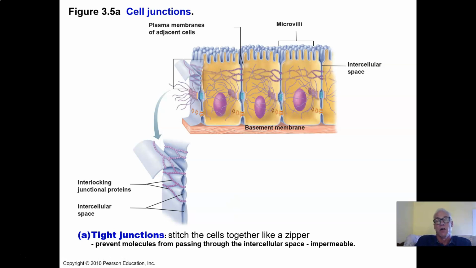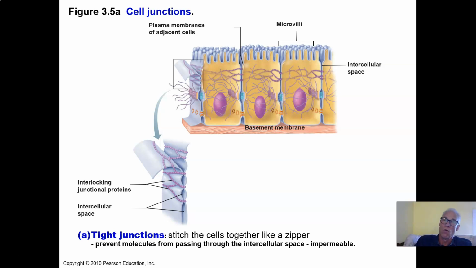Here's a sheet of cells, or part of a sheet of cells. They're epithelial cells, as we'll discover in Chapter 4. They form boundaries from one part of your body to another, or from one compartment of an organ to another. And the way they can form boundaries is because they're kind of zipped together, stitched together, if you will, by tight junctions.